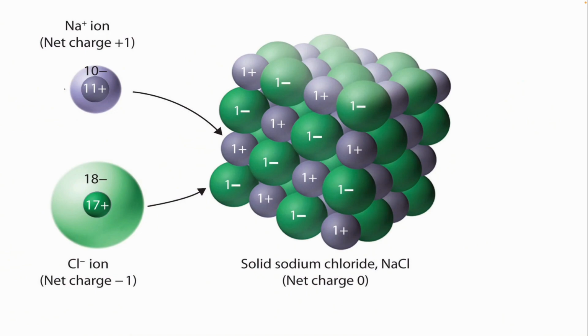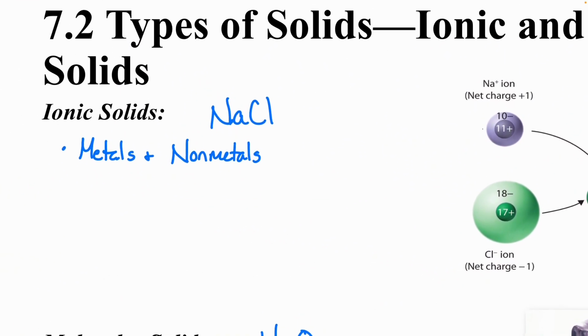These opposites attract, so when these solids form, they're just repeating arrays of positive, negative, going in all directions. We have those opposites attract interactions going on. Importantly, in an ionic solid, what's holding that solid together are those ionic bonds.